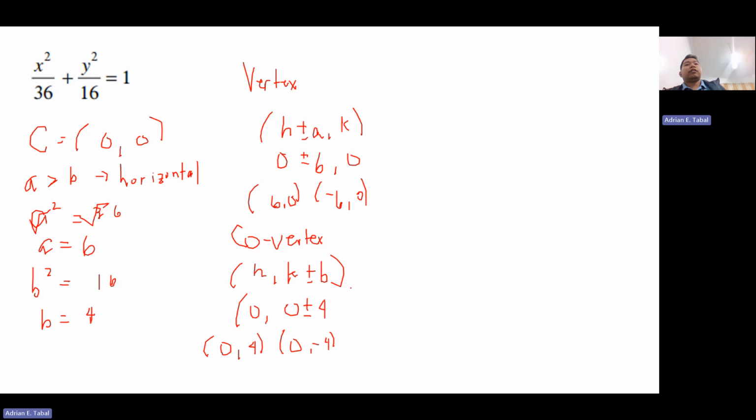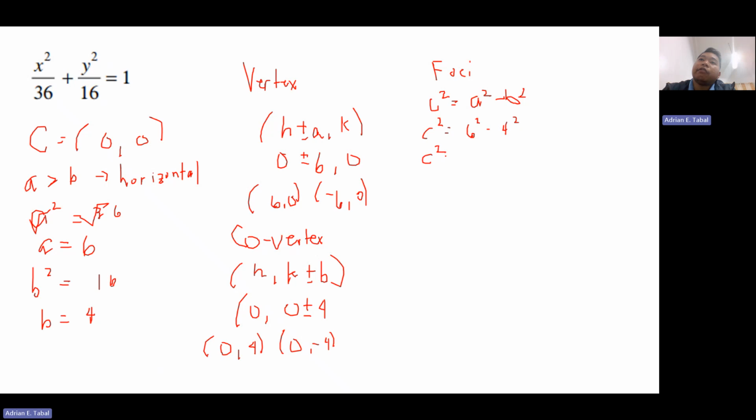Next, we are going to find our foci. To find the foci, we have the formula C squared equals A squared minus B squared. So our C squared is unknown. A squared is 6 squared minus 4 squared.